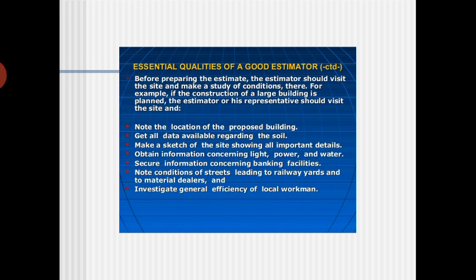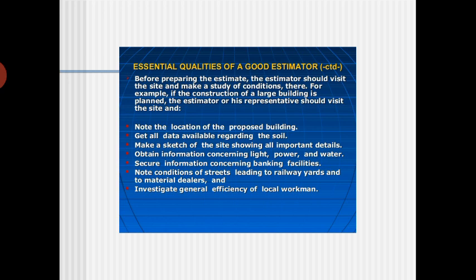Then obtain information concerning light, power and water. This is very important. Is the source of light there? If the source of light is not there, then whether I have to go for solar panels or for generating power on site.